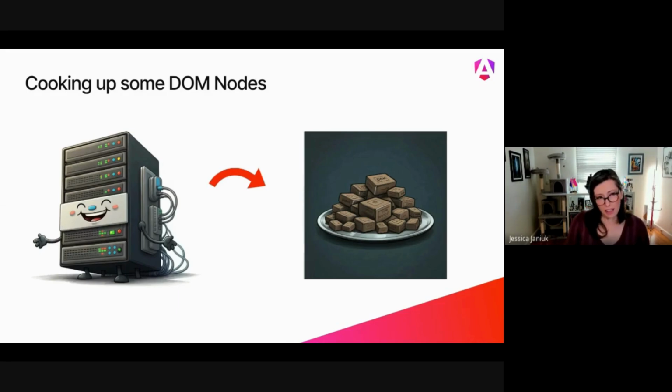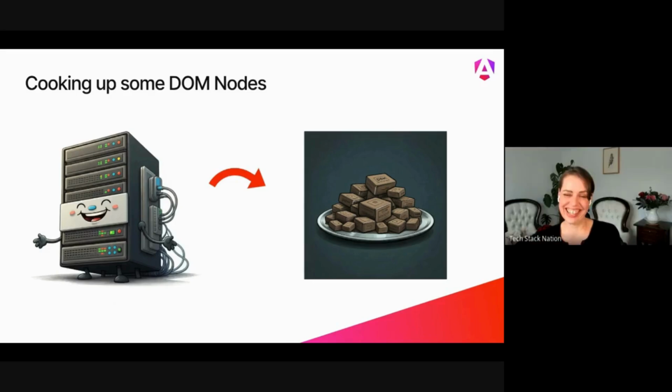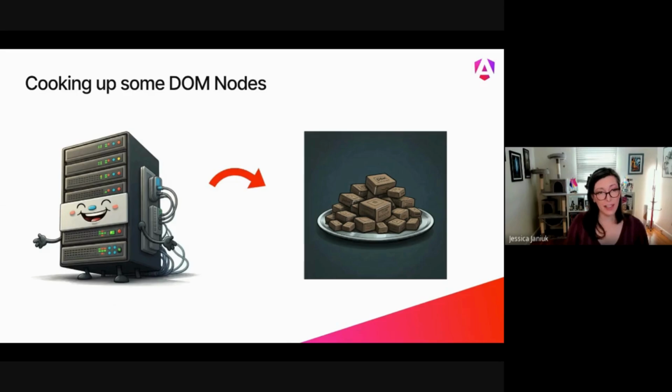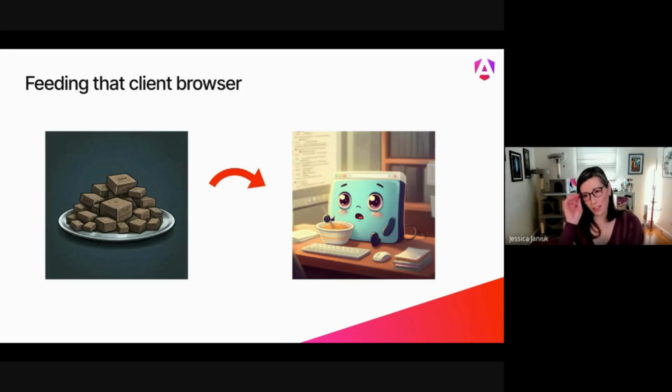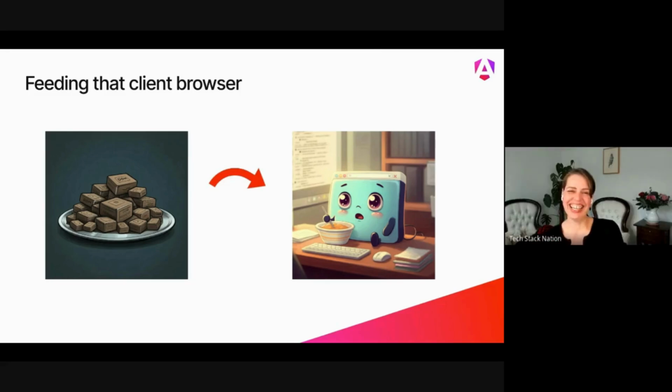Now, this slide says DOM nodes. They look pretty tasty. I do enjoy a good DOM node, but in reality, it's not making DOM nodes, it's just making a string of HTML, because when you're passing it over the wire, it's going to be seen as a string. So then you've got your cute, hungry little client web browser that sees all of those DOM nodes, and it goes, I'm gonna eat those right up.